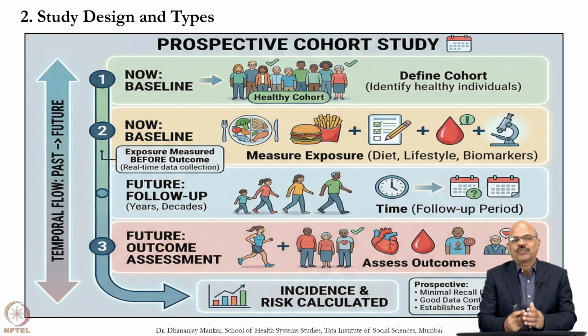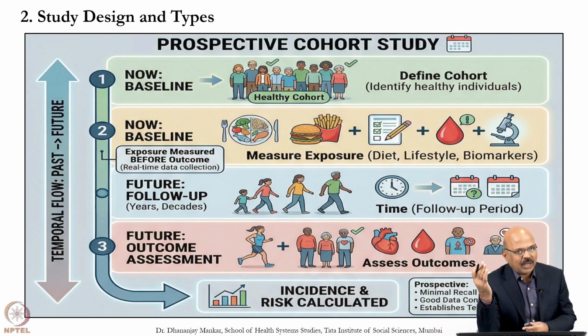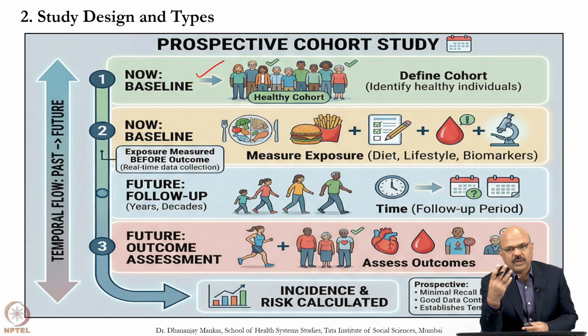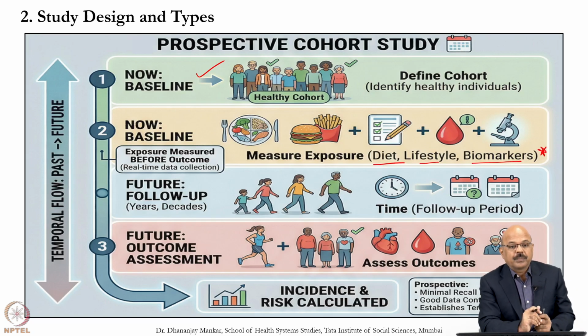Now, we'll try to understand the prospective cohort study. There is a temporal flow from past to future, starting from the baseline, where we define the healthy cohort by identifying healthy individuals. At the baseline, measures of diet, lifestyle and biomarkers play a very important role, and the newer emphasis is on biomarkers.